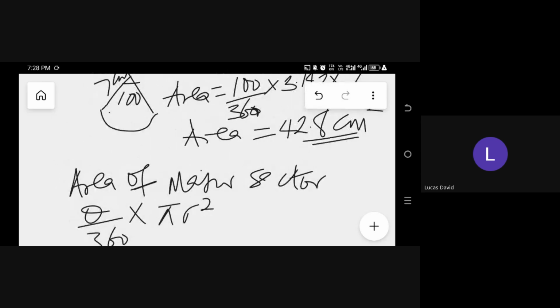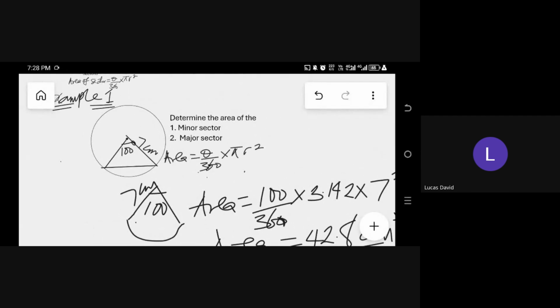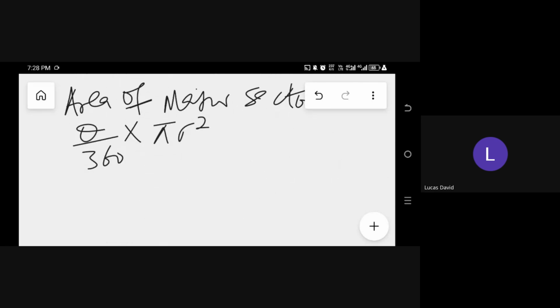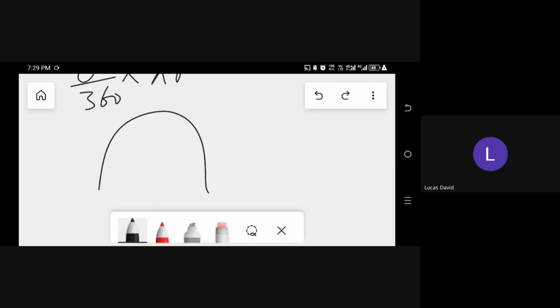But now please let me try to draw the illustration here. The major sector is this one at the top, bounded by two radii as usual.